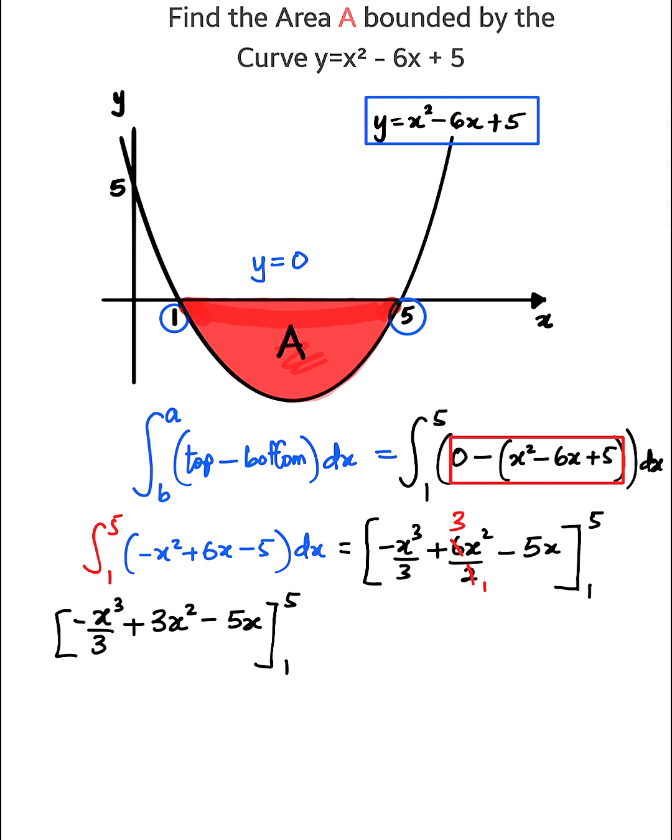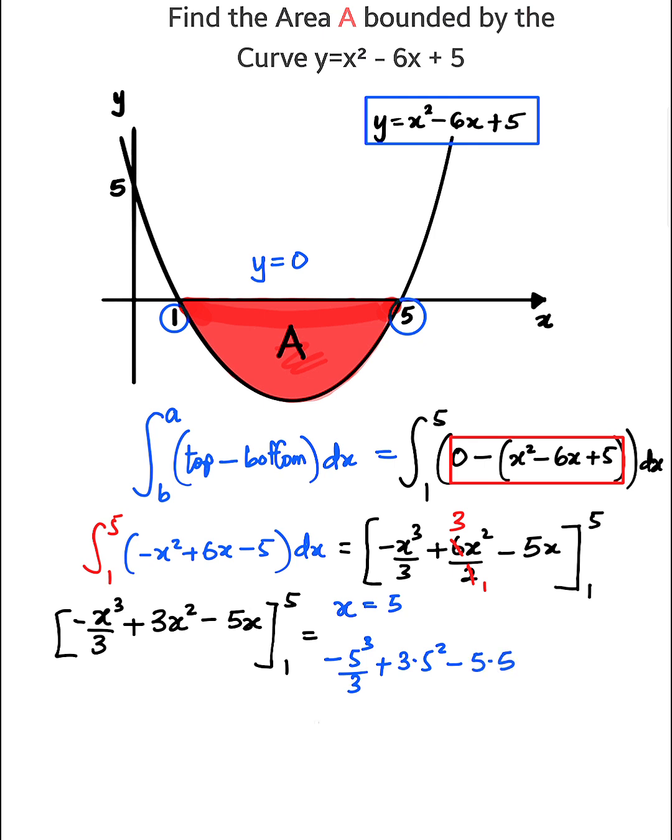So the next thing we need to do, let's evaluate the upper boundary. And how do we do that? Is to plug in 5 for x. Okay, so by doing that, we have that when x equals 5, negative 5 raised to 3 all over 3, then plus 3 times 5 raised to 2, minus 5 times 5.